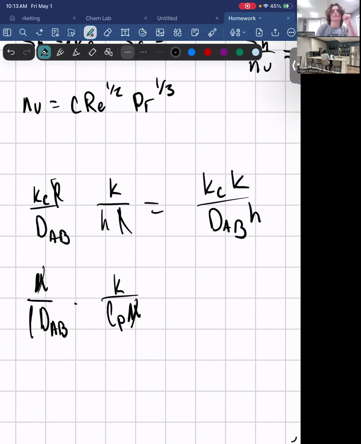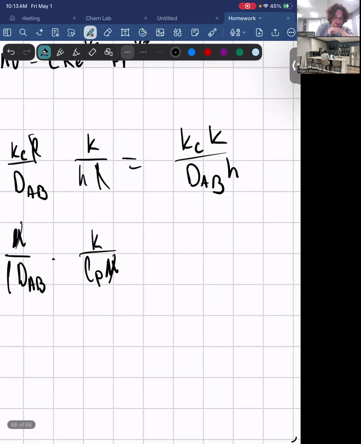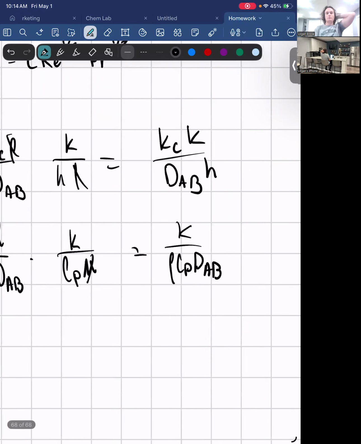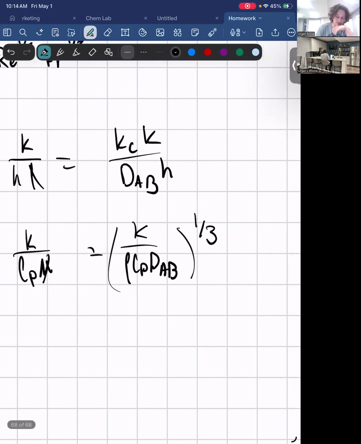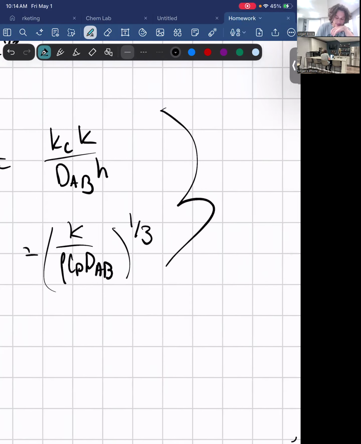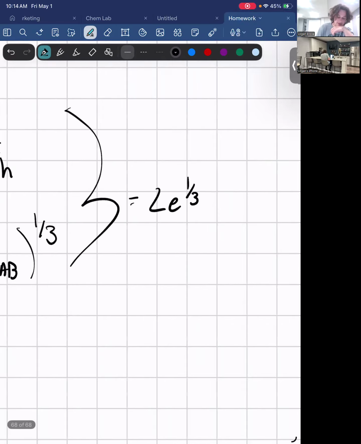The mu's cancel. That's our momentum transfer. And so we end up with K over rho CP DAB, and this would be to the 1/3. And so these then equal the Lewis number to the 1/3.